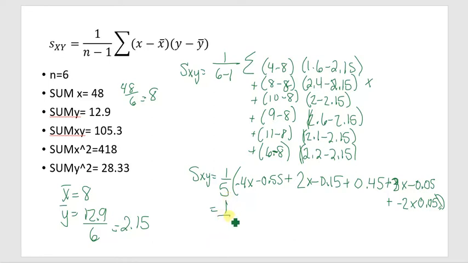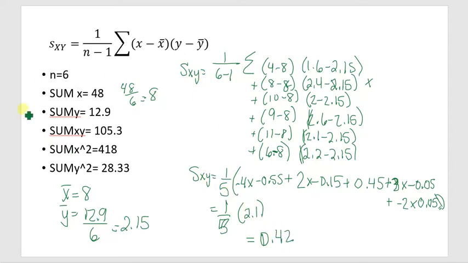I get 2.1, so 1 over 5 times 2.1, I get 0.42. So the covariance for this one is 0.42.